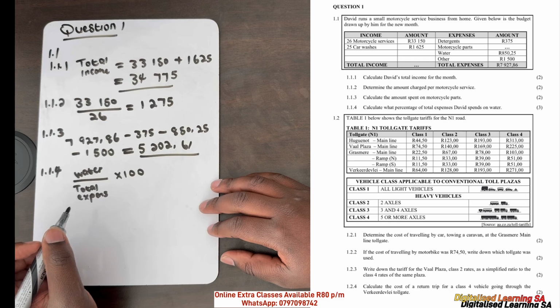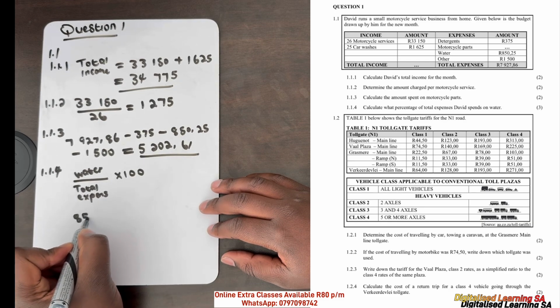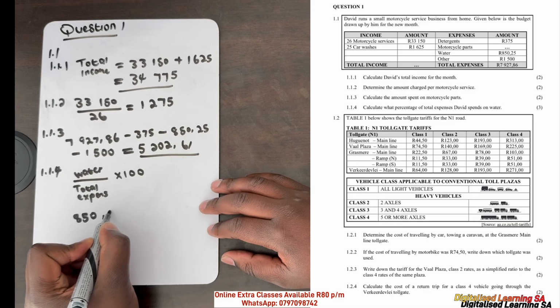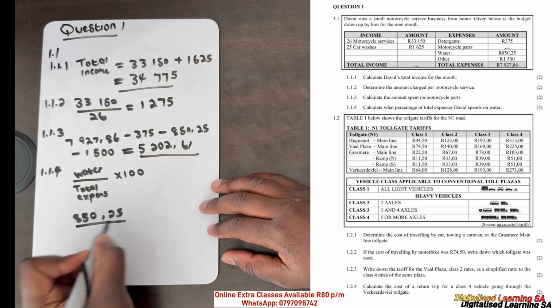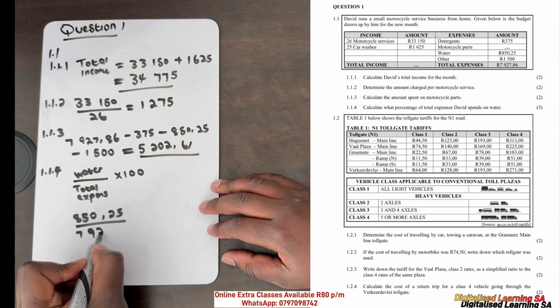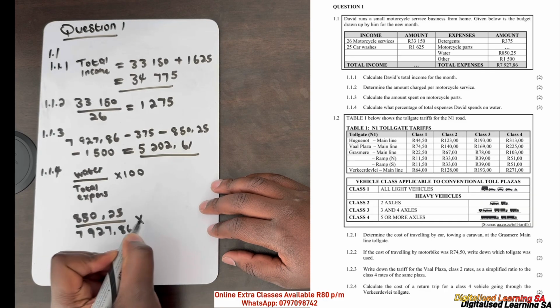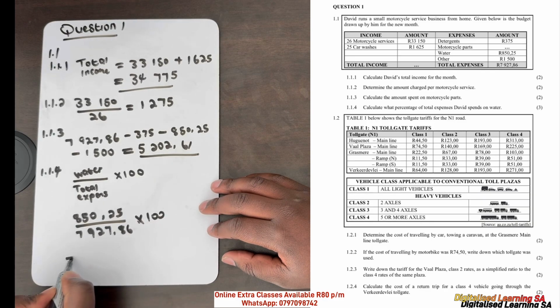The amount for water was 850.25, divided by our total expenses, which is 7,927.86, multiplied by 100.